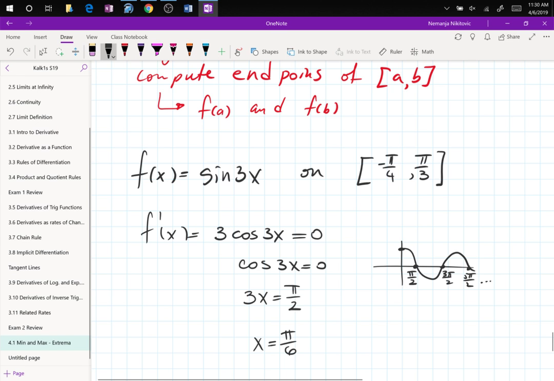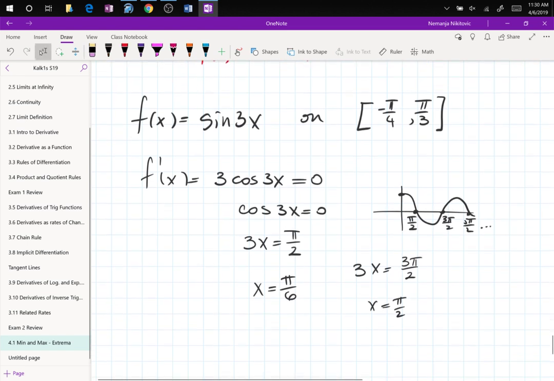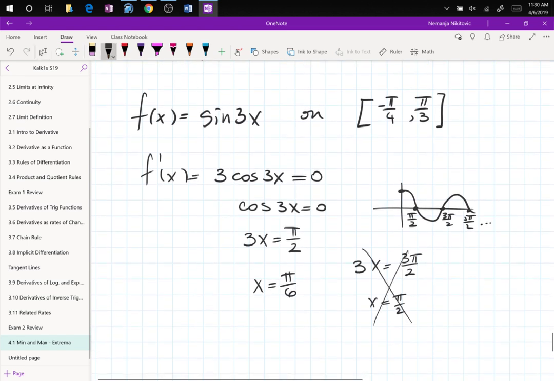Now pi over 6 is in the interval, so that's cool. If I take 3x equals 3 pi over 2, and then I divide both sides by 3, I get x equals pi over 2. Now pi over 2 is not in the interval, so we don't have to do this.